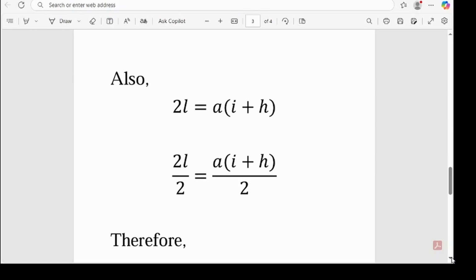Also, based on the preamble of the question, we are given another equation as 2l = a multiplying (i + h). So in order to break it down into its simplest form, for l to be the subject of the relation, you have to cancel it out by the LCM.